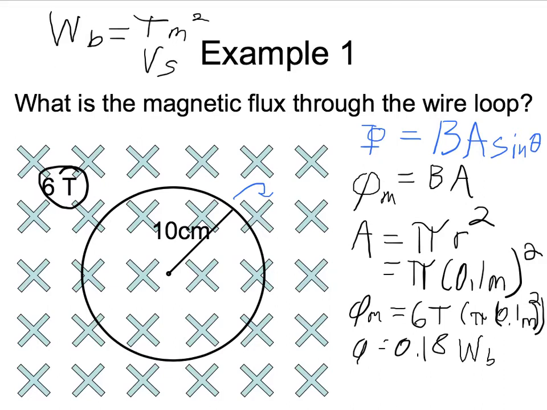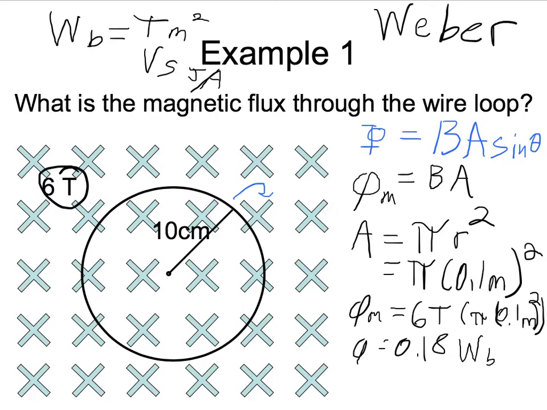Or carrying it even further is also a joule per amp. The one you'd be most likely to be asked about is the Tesla meter squared, just because that's what comes straight out of the equation if you multiply the units together. And then Weber is the official unit. And by the way, Weber is spelled W-E-B-E-R, Weber.